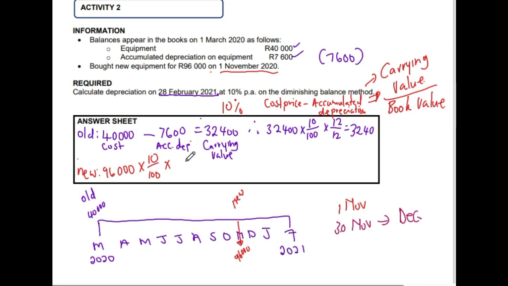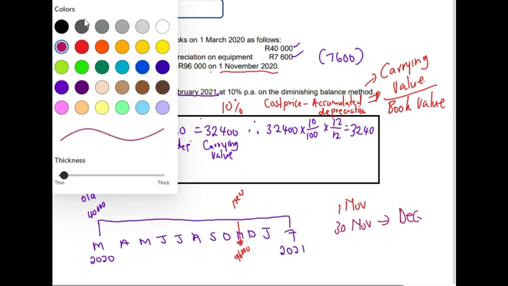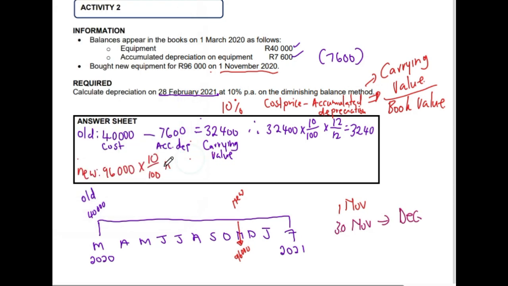So we multiply by 4 months divided by 12 months. Our depreciation for the new will be 96,000 multiplied by 10 divided by 100 multiplied by 4 divided by 12, and it will depreciate by 3,200.